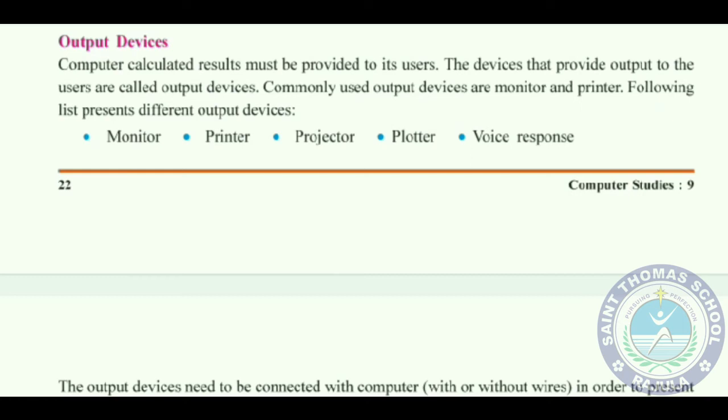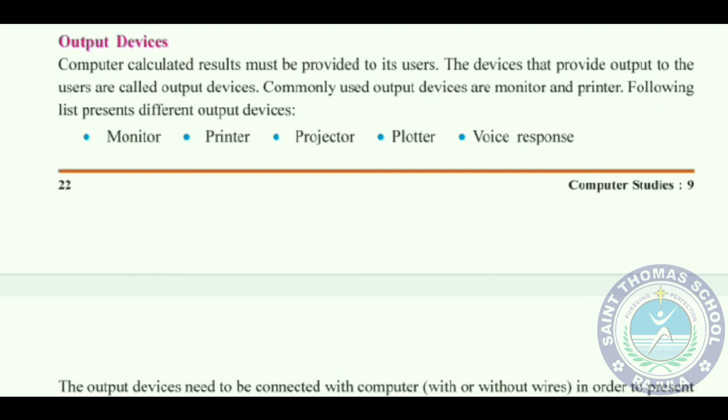And as we said, the computer has four basic components, that is monitor, mouse, CPU and keyboard. So among the four basic components, monitor is included and monitor is an output device. So the following list presents different output devices. First is monitor, then printer, projector, plotter and voice response.